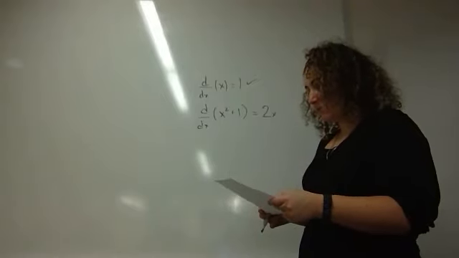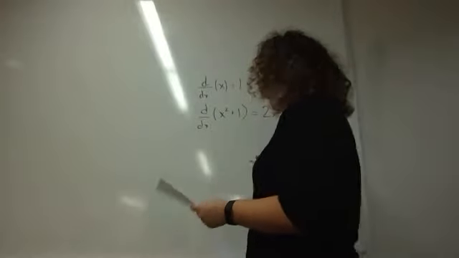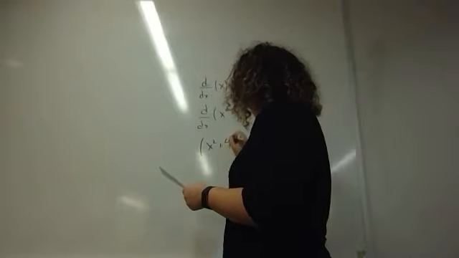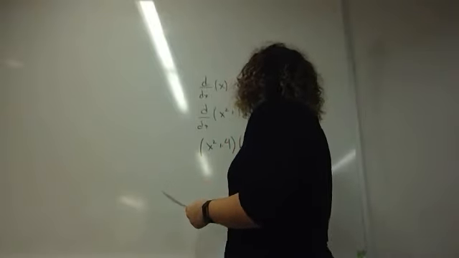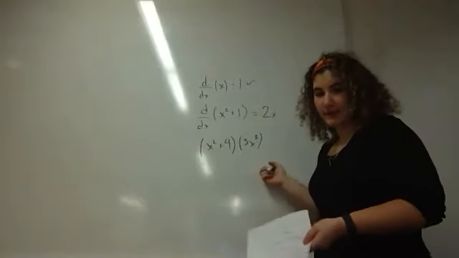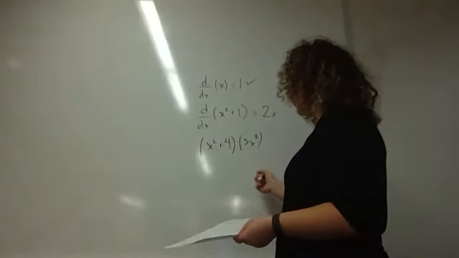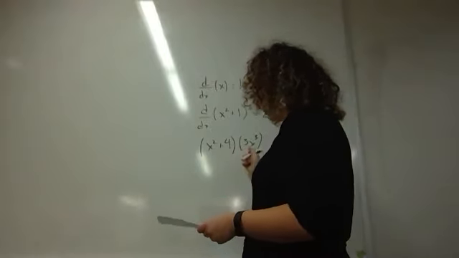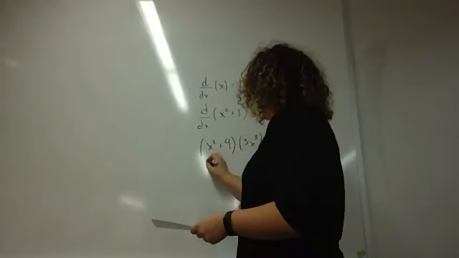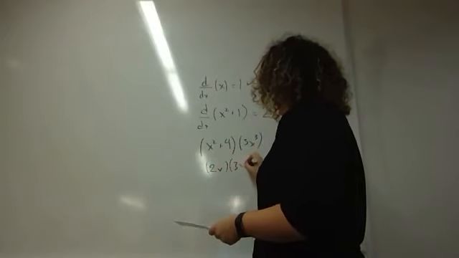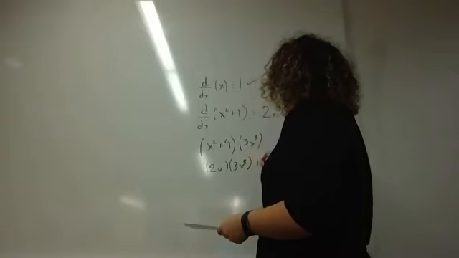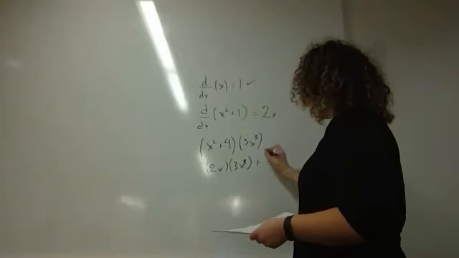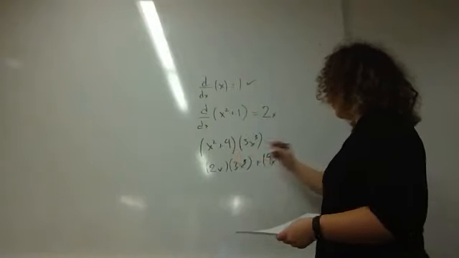If you have harder ones, if you involve the product rule, it's how do you take the derivative of this? You're going to do the product rule, so you're going to do the derivative of the first one times the original second one, so it's going to be 2x times the original, 3x cubed, plus the derivative of the 3x cubed, so it's going to be 9x squared, times just the original, x squared.